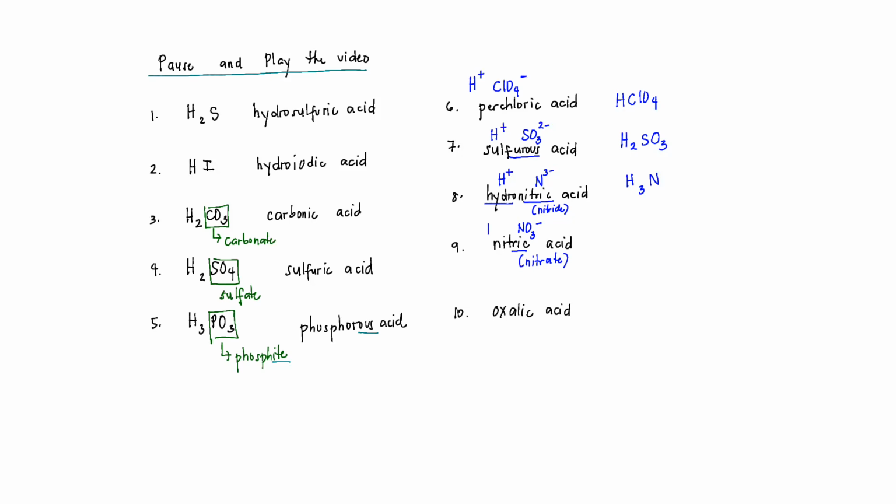And then H positive, and then that would be HNO3. And how about this one, oxalic acid? Oxalic acid, it will be coming from oxalate. And what is oxalate? C2O4, 2 negative. It has a charge of 2 negative. Then make it as H positive. And then therefore, this will become H2C2O4. And that's it. That's how we name acids.